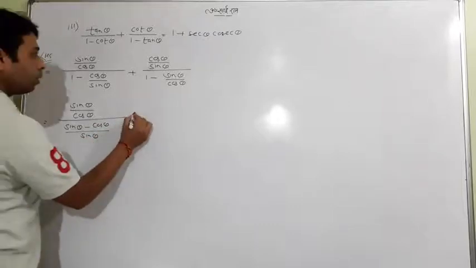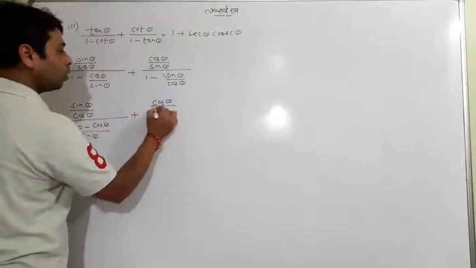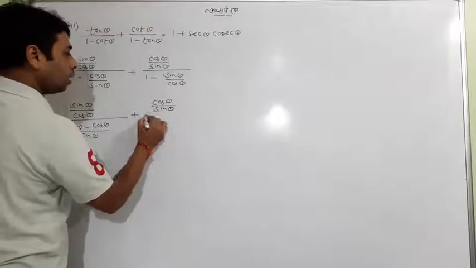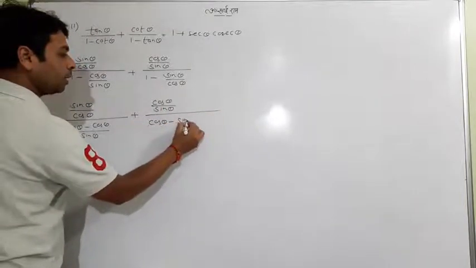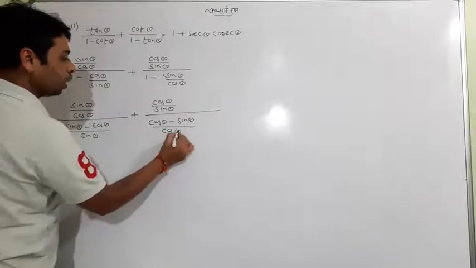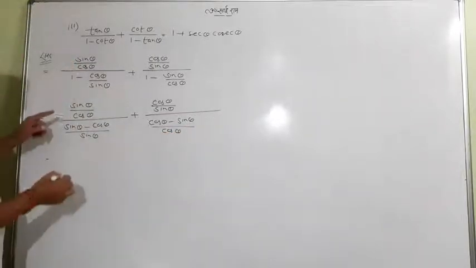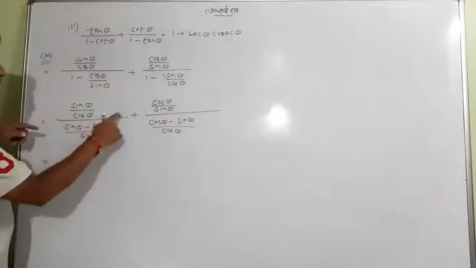Here, cos theta upon sine theta, again take an LCM: cos theta minus sine theta upon cos theta. Now what will be the next term? I turn this division into a multiplication.